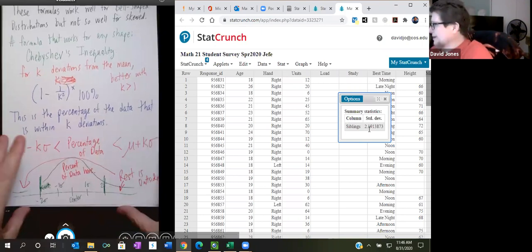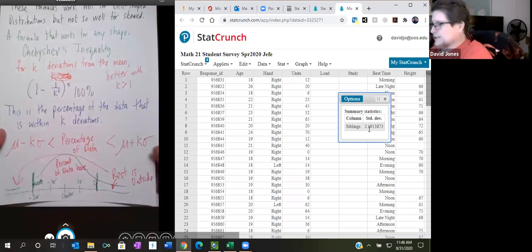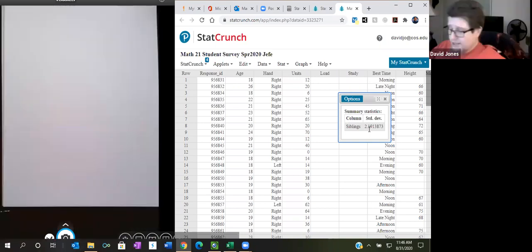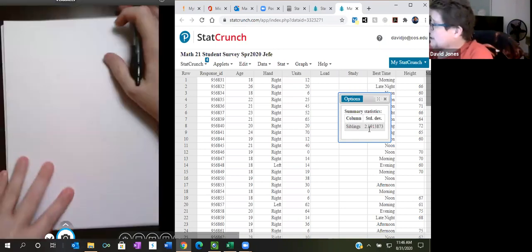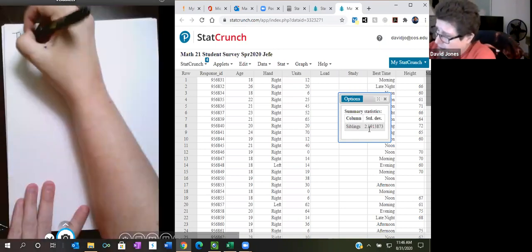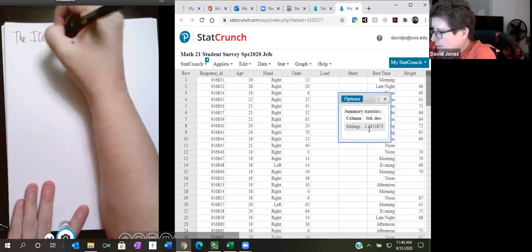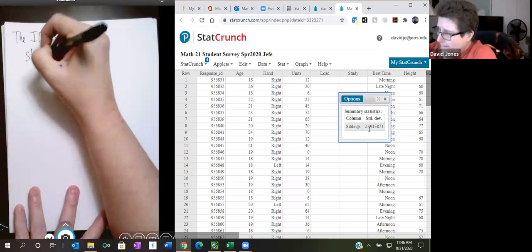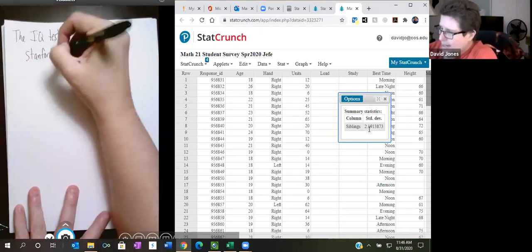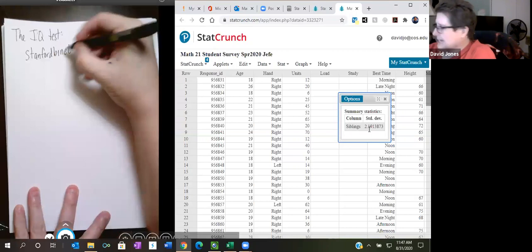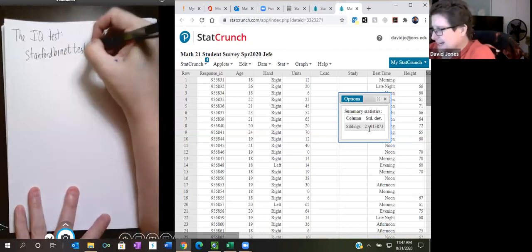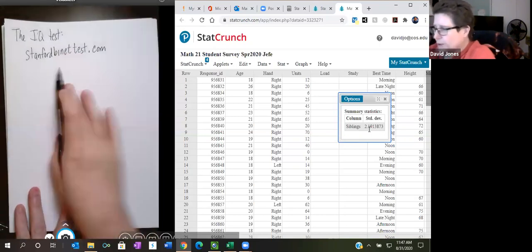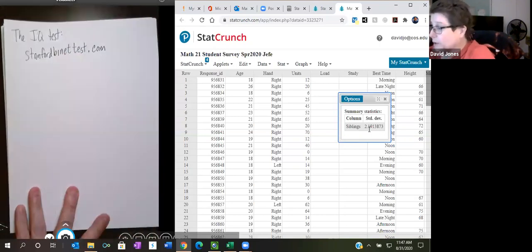A common one that you may have heard of where we use this is the IQ test. The IQ test is a common example of this. You can actually take it if you want. It's at Stanford Binet test.com. Stanford and Binet are people.